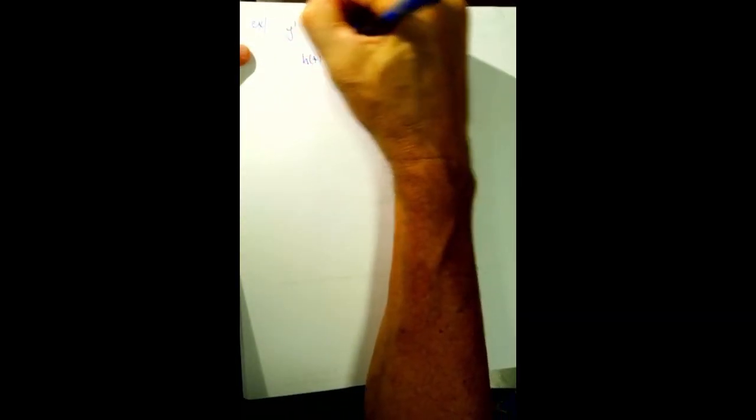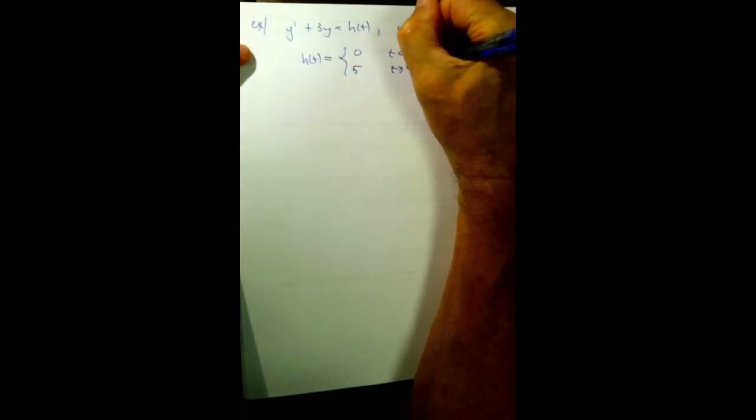So suppose we have y prime plus 3y is equal to h of t, and at t equals 0, y is 2. And h of t, we're going to assume is 0 for t less than 4, and then after 4, it goes to an on state and becomes equal to 5.